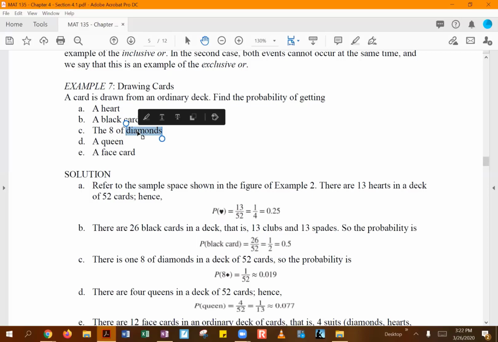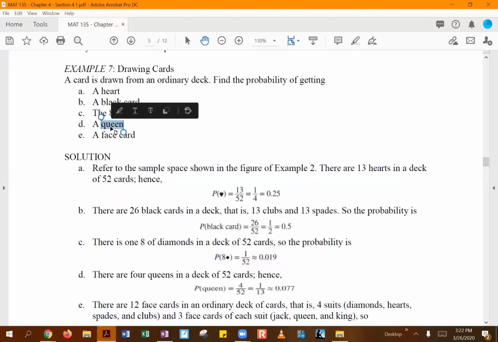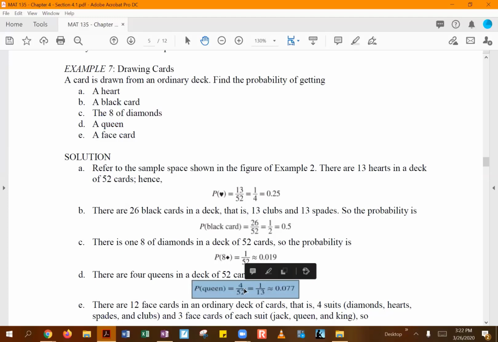Now, what about getting just the 8 of diamonds? So 8 of diamonds is only going to be 1 card out of the entire deck of 52 cards. So that's why it's going to be 1 out of 52 or approximately 0.019 as your probability. What's the chance that the card we select is a queen? So again, remember, there are 4 queens in a deck.